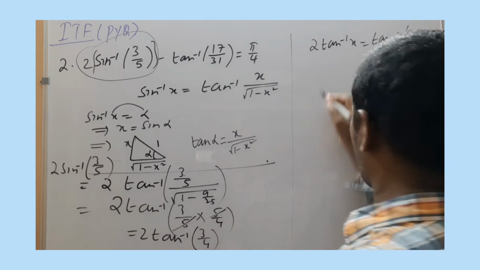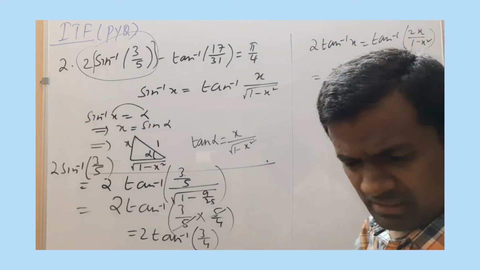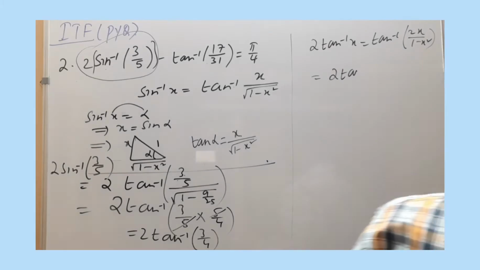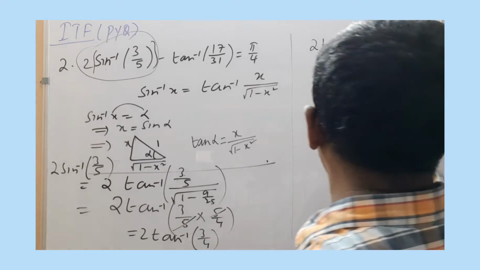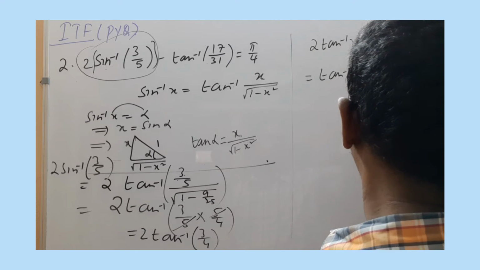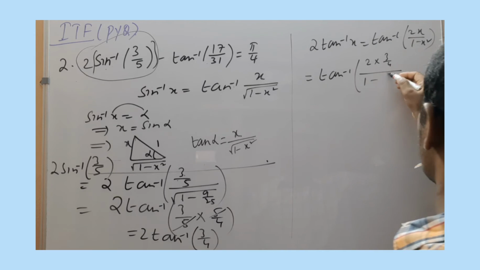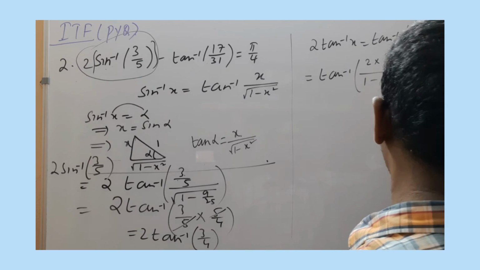So applying that formula, this is 2 tan inverse 3 by 4. So I can write it as tan inverse of 2 into 3 by 4 by 1 minus 3 by 4 whole square, which is 9 by 16.